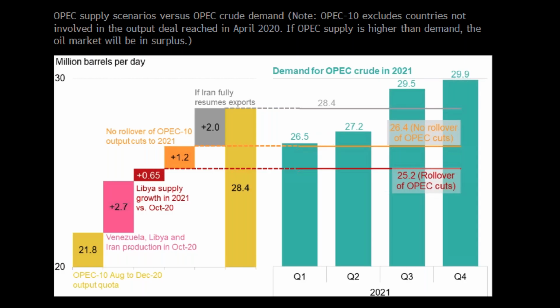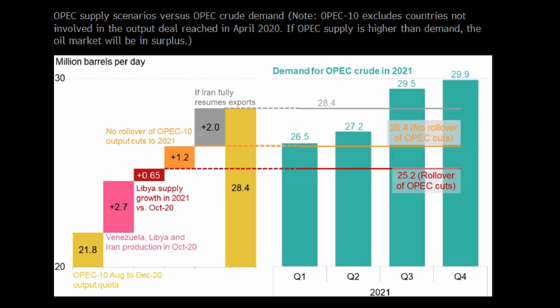If full production comes back in from Libya and Iran, and there's no rollover of cuts by OPEC, and Iran starts resuming exports, remember Iran's been frozen out because of the nuclear deal with President Trump, and Iran's currently producing about 0.5 million barrels per day.